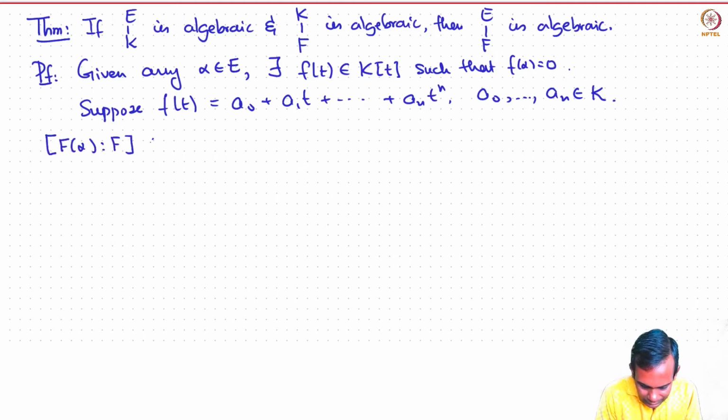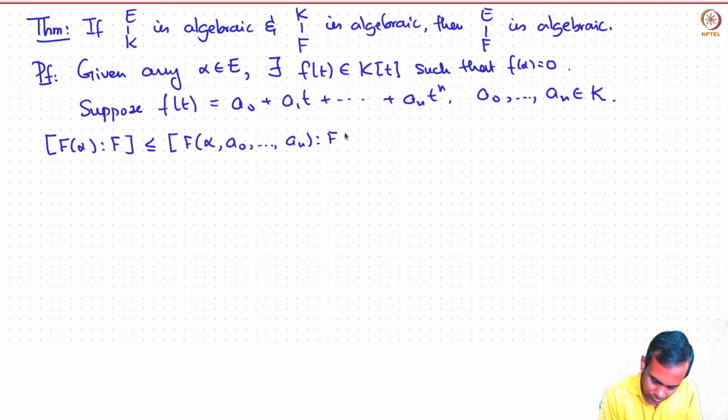Now, surely this degree cannot be more than the degree of F alpha a0 ... an over F, because this is a possibly larger field than F alpha. Surely it contains the field F alpha.